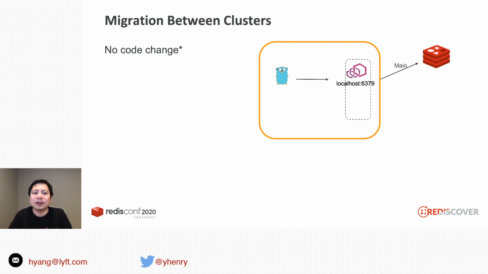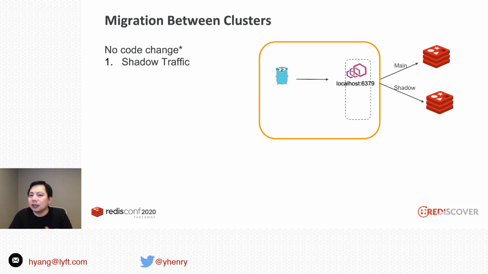So we try our best to do this without requiring changes to the code for the applications. First, we provision the new clusters, and then we update the Envoy configuration to start shadowing traffic for both read and write.